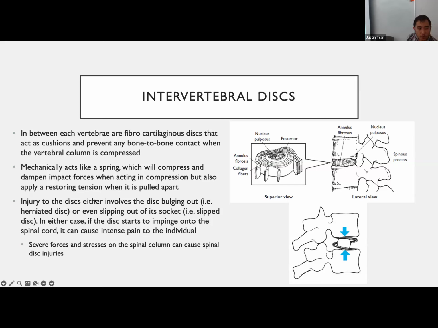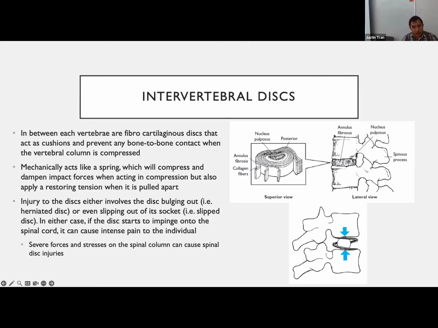Okay, these discs are often injured. We'll talk about injury to the disc a bit later, but you've probably heard of the injury called a hernia. When someone has a hernia, the fibrous structure of these discs starts to break down after repeated impacts, and then it starts to bulge outwards.